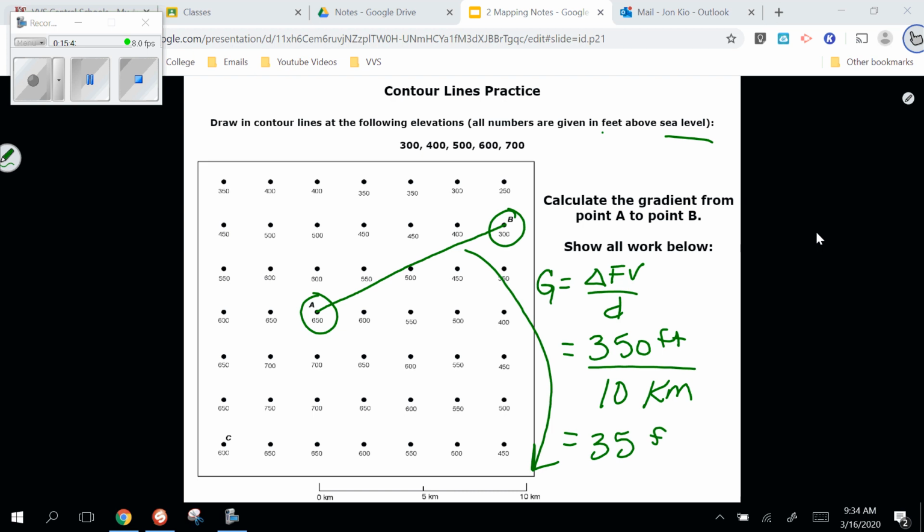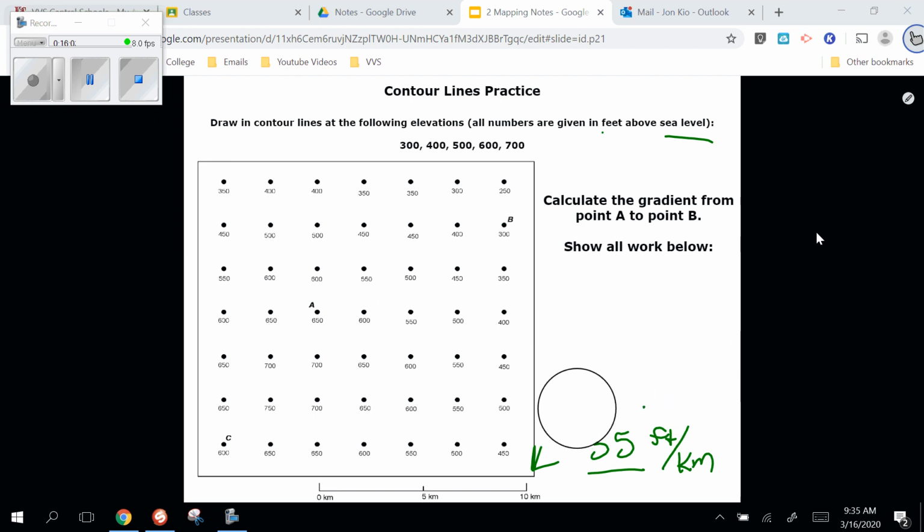It's 35 feet per kilometer. That means as I walk from A to B, on average, the elevation would drop 35 feet every kilometer that I walk. Just an average. Okay? All right, let's clear this up.